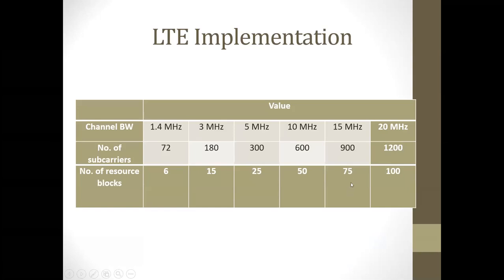So you have 75 resource blocks possible in one slot. As you go through the frequency range, you have 12 subcarriers forming one block, and this way you can accommodate 75. So in one slot you have 75 resource blocks.